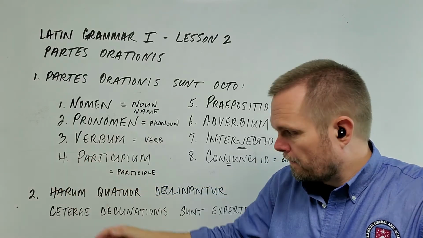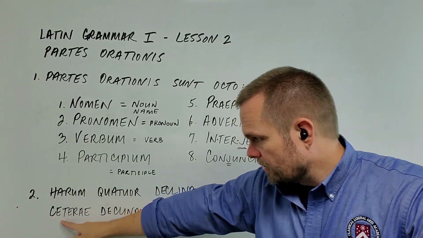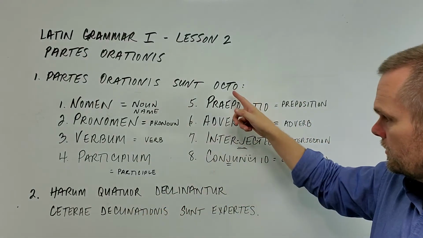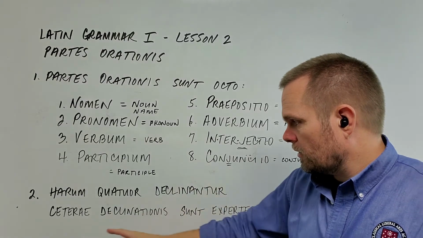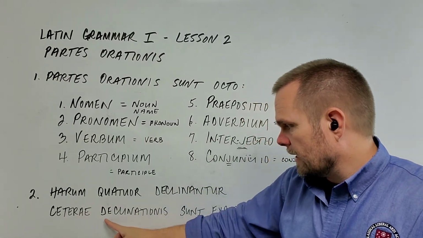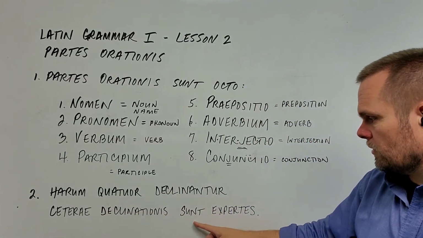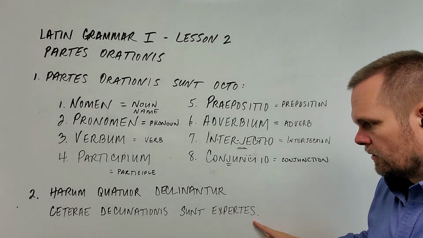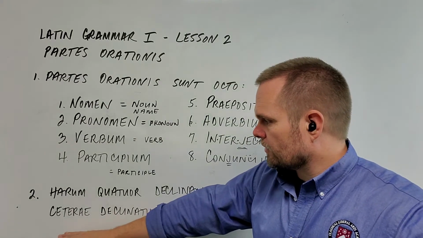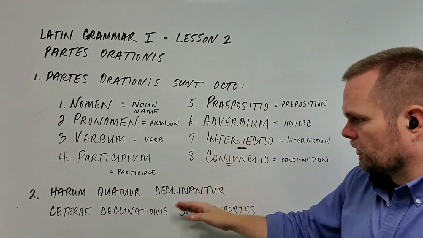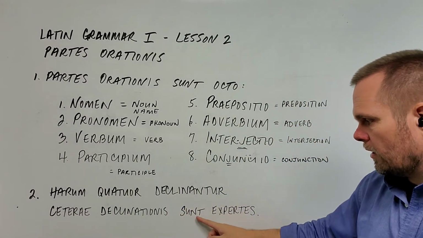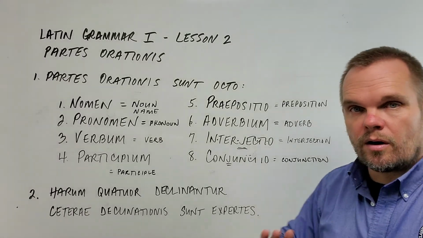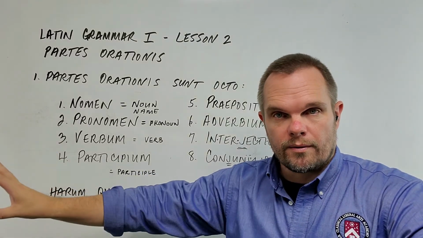Just very simply know that these first 4 parts of speech have different forms that we're going to have to learn. And then cetere, the others, these last 4 parts of speech, the rest, declinationis sunt expertes. That means the other 4 parts of speech of declension are expertes, are free or without.